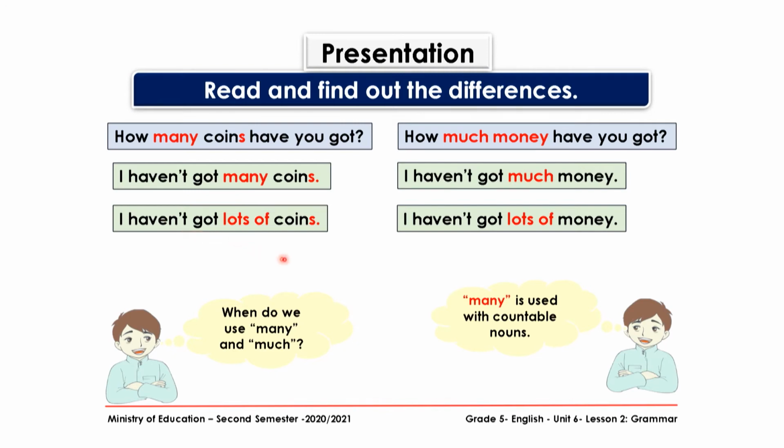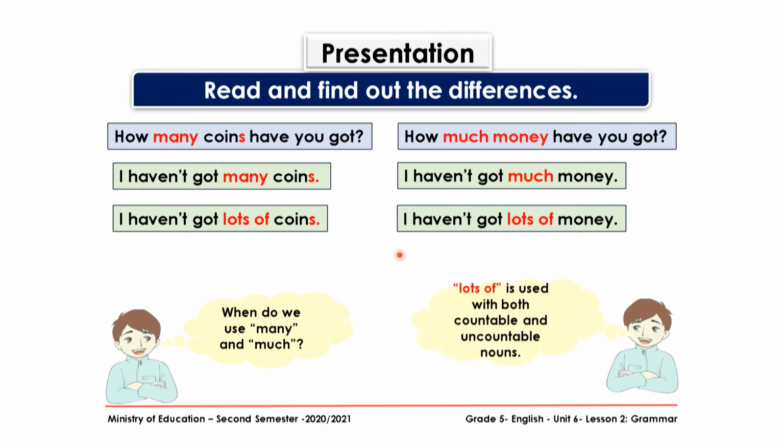Now let's move to the second question. You can notice here that we use much with uncountable nouns. So we have here money, or we can say how much time. And in order to answer this question, we may use much or lots of.